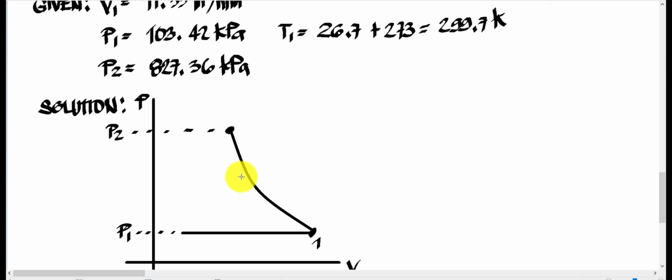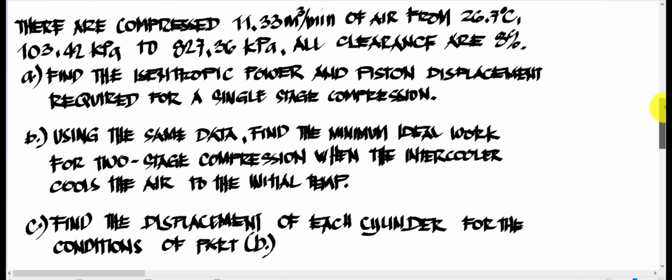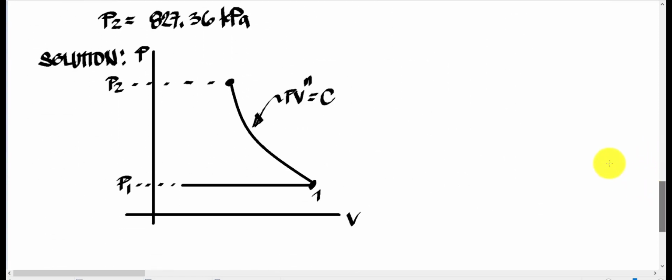Now, PV^n is equal to C. Since the problem states that it is isentropic, commonly we would use polytropic, but here it will not be PV^n but PV^k, where k is now the exponent. So PV^k is constant, where k is equal to 1.4.